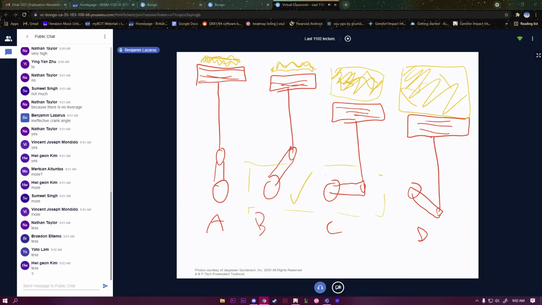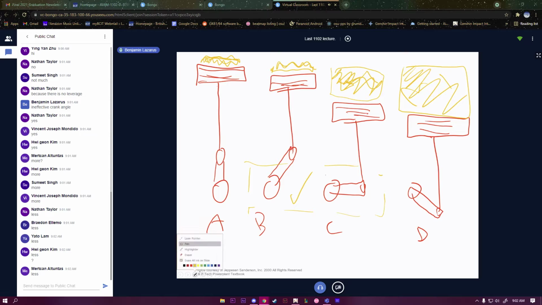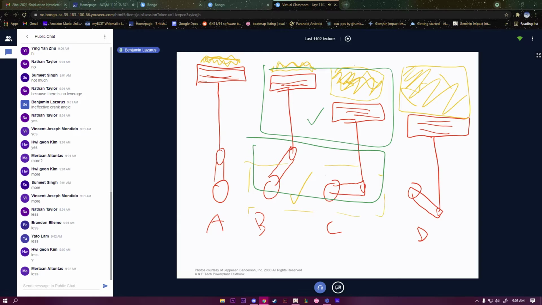In position D, I'm starting to get much less torque because my crank angle is getting bad and my pressure is getting low. So the sweet spot for making torque is right in this box. Here's where we're making good torque: reasonably good crank angle and lots of pressure. When we get down to position D, we start to lose more and more torque.